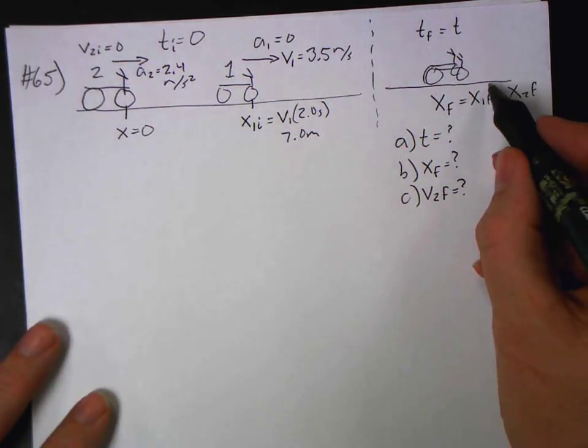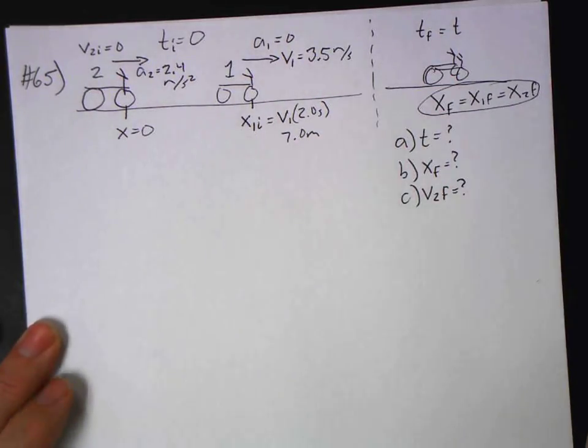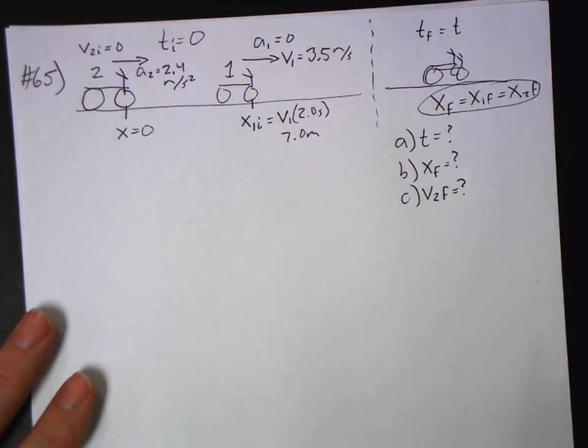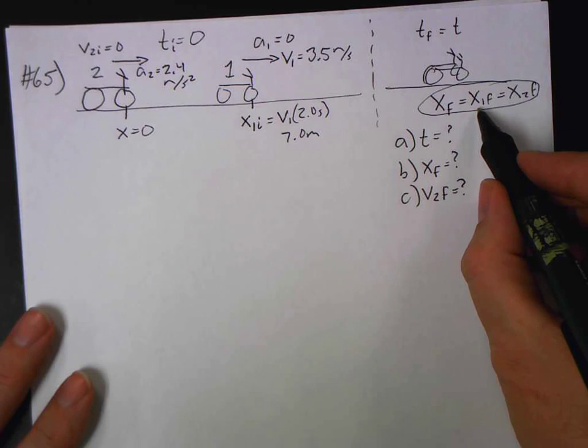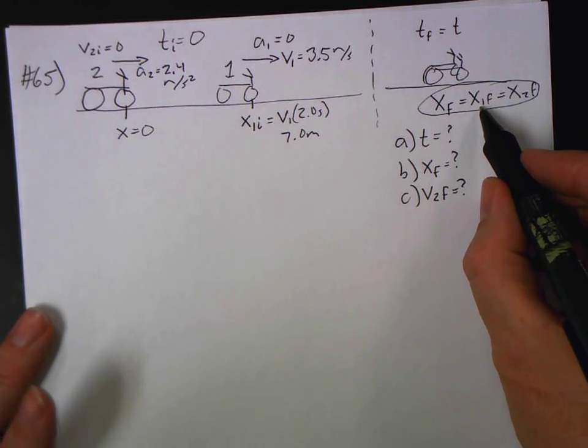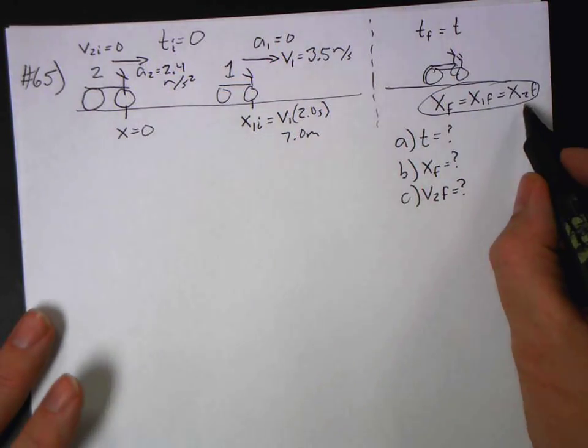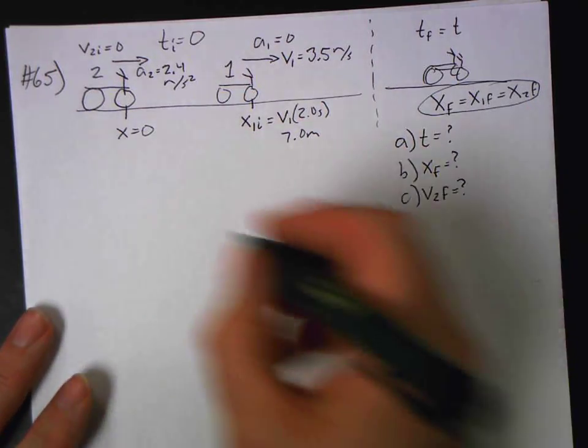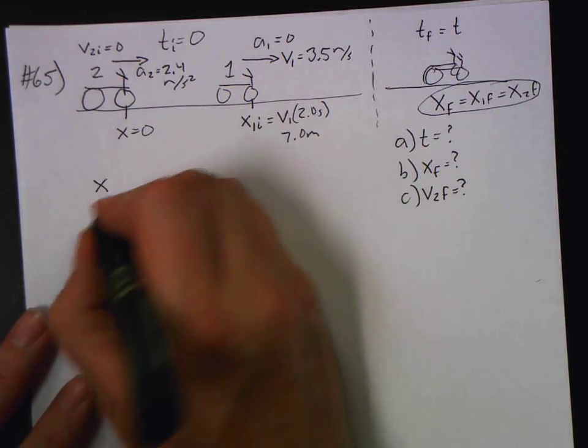Now we're going to start with this guy over here. The positions are the same, so we're going to write a statement for bicycle 1's final position and a statement for bicycle 2's final position, very much like we did yesterday.